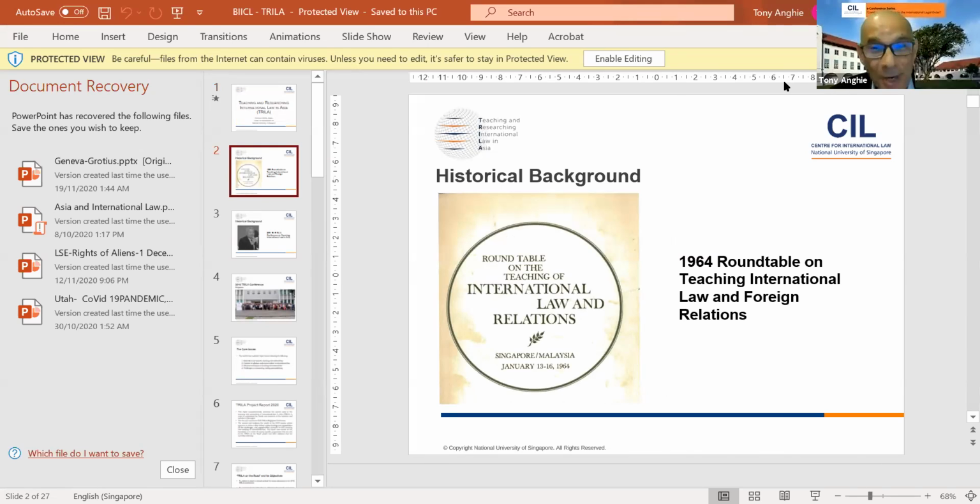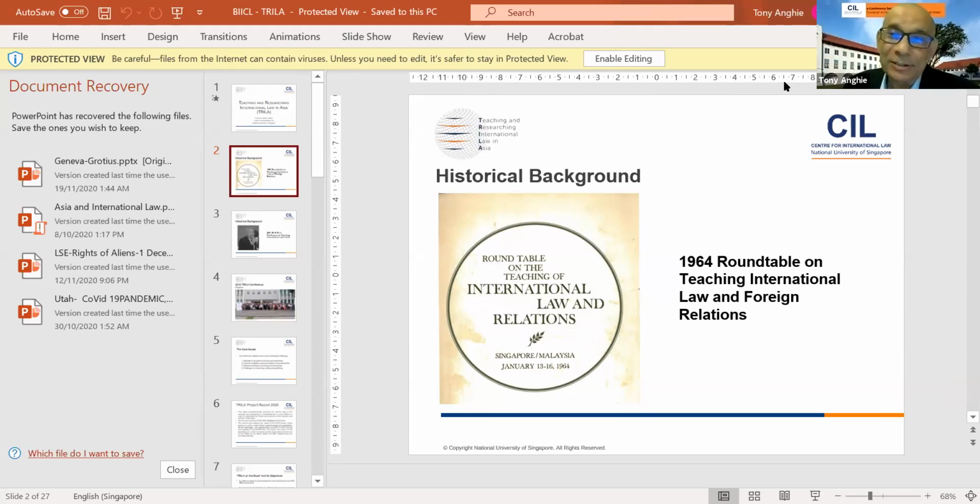And quite a remarkable group of people attended this particular meeting, including Miles McDougal, L.C. Green, B.S. Murthy, Judge, later to be Judge Feliciano, Professor Nadaraja from Sri Lanka, Sompong Sucharitkul from Thailand, and various other very eminent international lawyers. Boutros Ghali also attended this particular event.